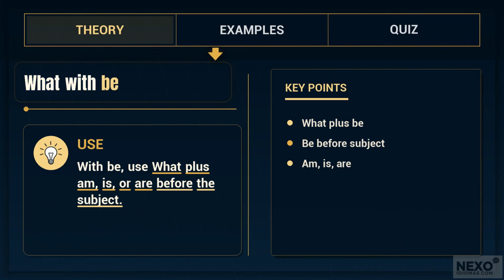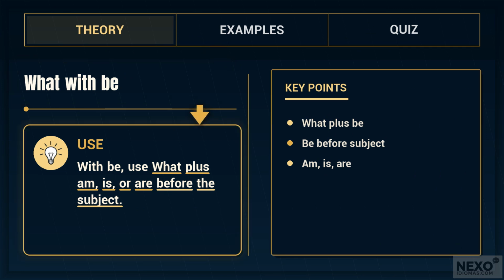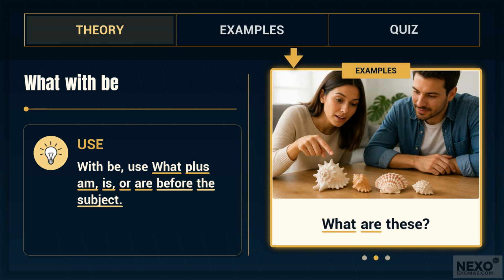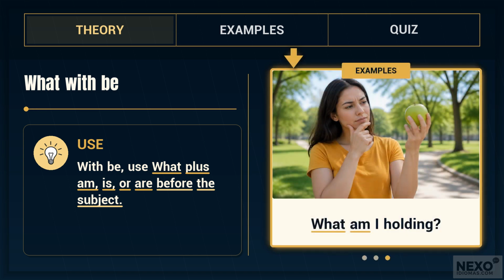What with be? With be, use what plus am, is, or are before the subject. Example. What is your name? Example. What are these? Example.